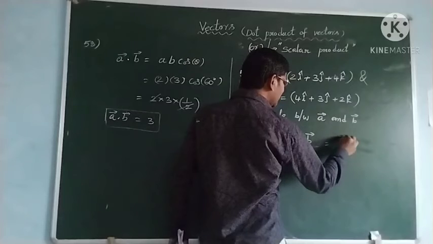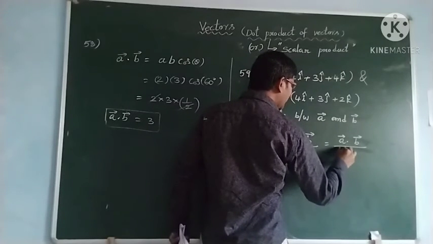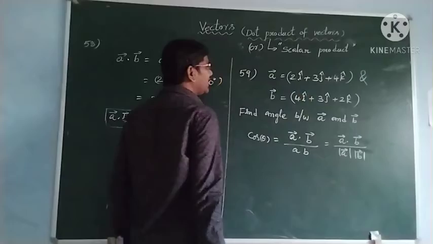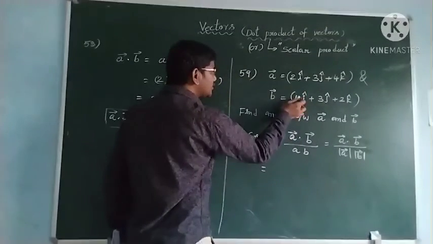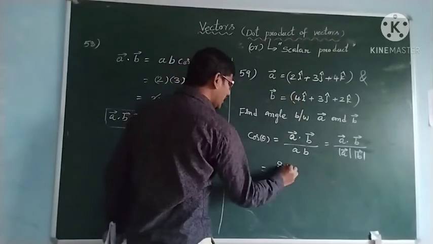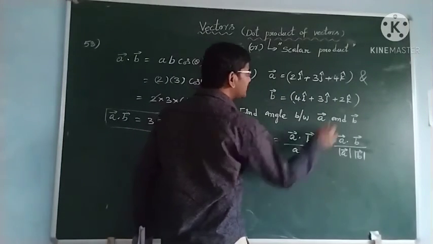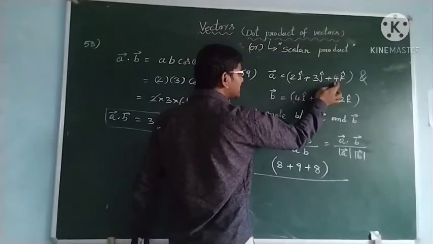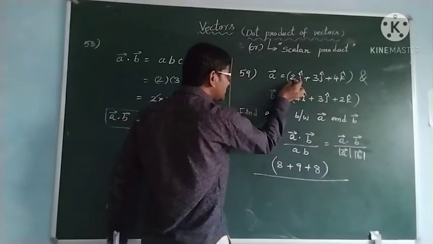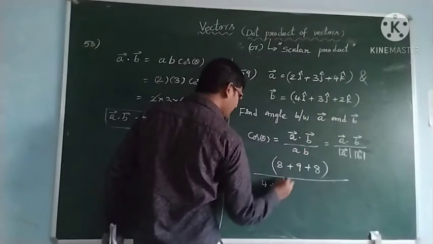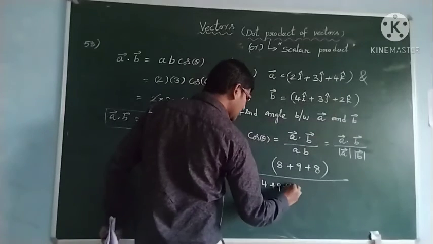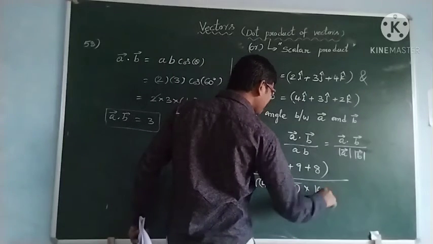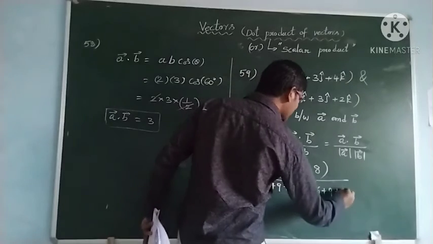Then a bar dot b bar means 2 into 4 is 8, plus 3 into 3 is 9, plus 2 into 4 is 8, by the magnitude of the first vector: 2 square 4, 3 square 9, plus 4 square 16, under root, and the second vector's coefficients 16 plus 9 plus 4.